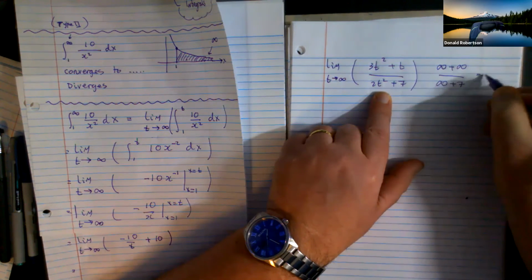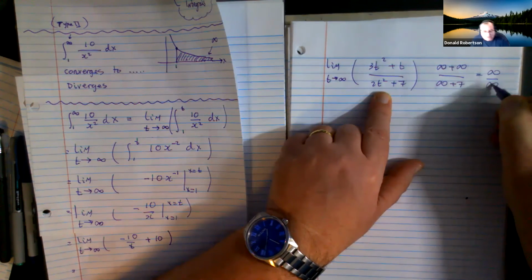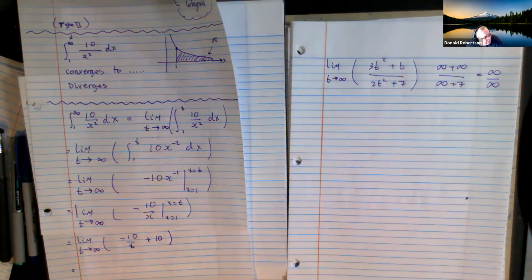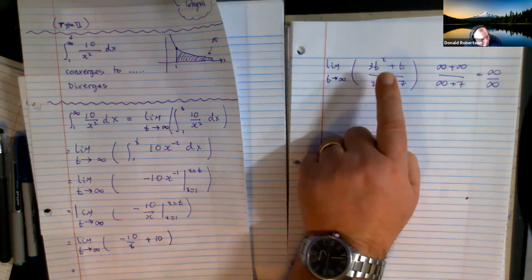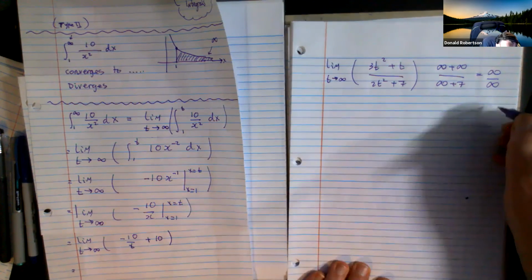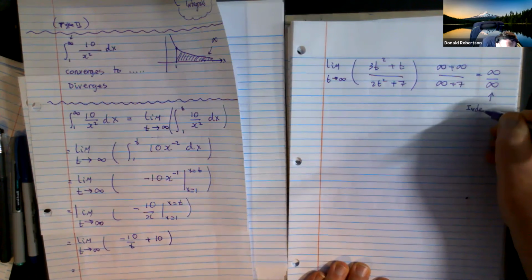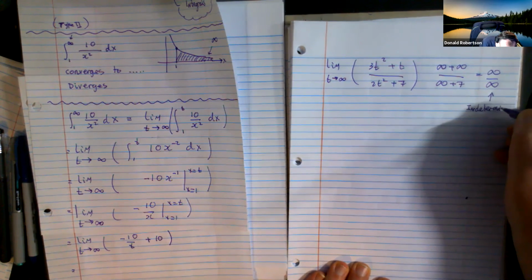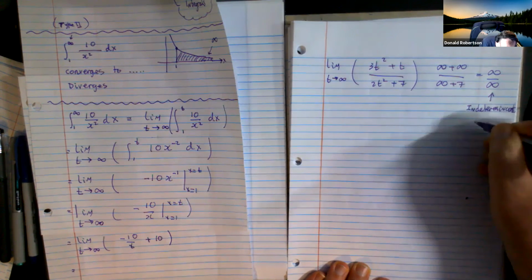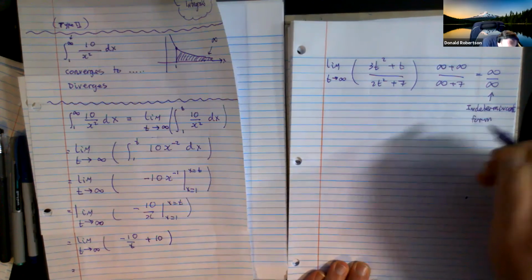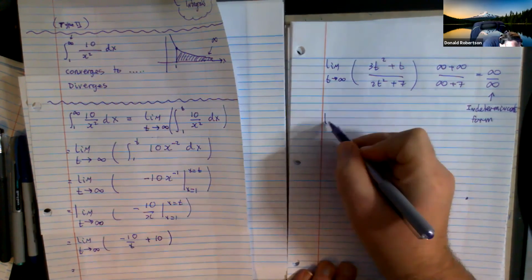So what you get is an infinity over an infinity. And no, that is not 1. Brute force fails in these questions. In fact, if you ever get infinity over infinity, we even have a name for that. Called indeterminate form.